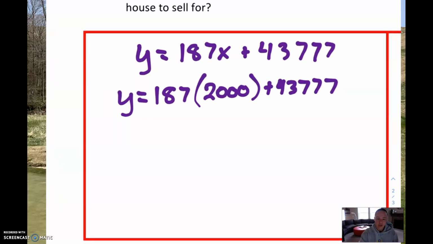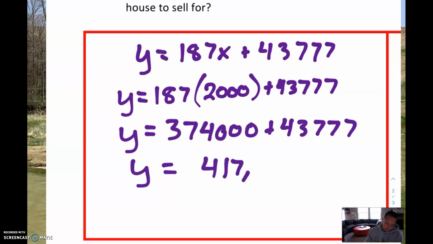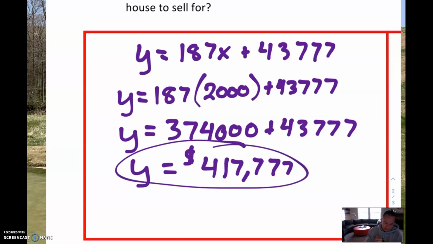Then we can take 187 and multiply it by 2,000, and we end up with 374,000, and then plus 43,777. If you add those together, it gives you the value of that house, which is approximately $417,777. That's approximately what they'd sell it for.